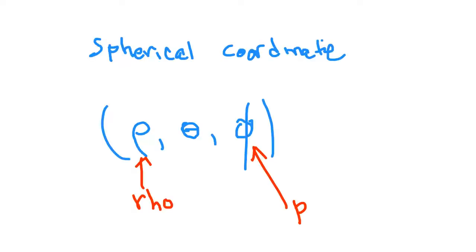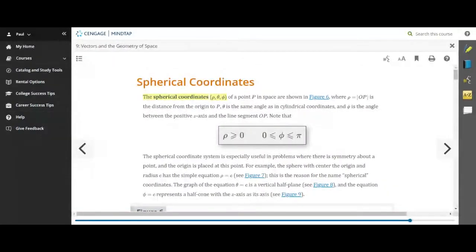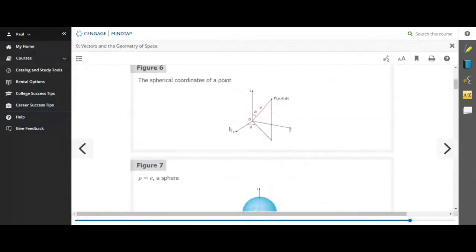This is rho, theta you know, and this is phi. How would a spherical coordinate work? Well, let's take a look. Let me get to the picture next. Here in figure 6 are the spherical coordinates of a point.